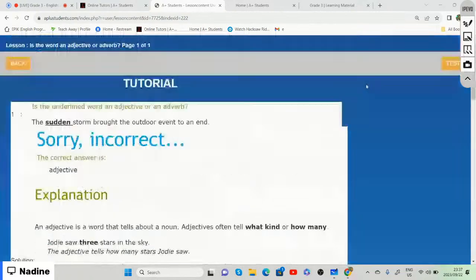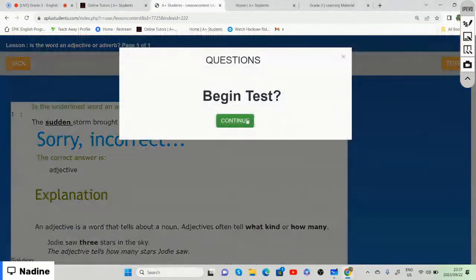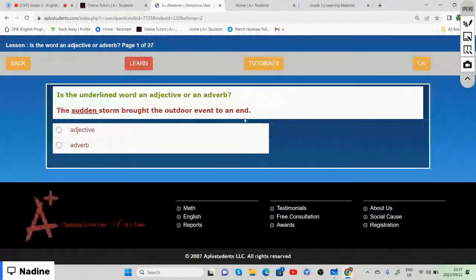All right, so now we're going to our test to identify if the word is an adjective or an adverb. The sudden storm brought the outdoor events to an end. We need to say if the word sudden is either an adjective or an adverb.